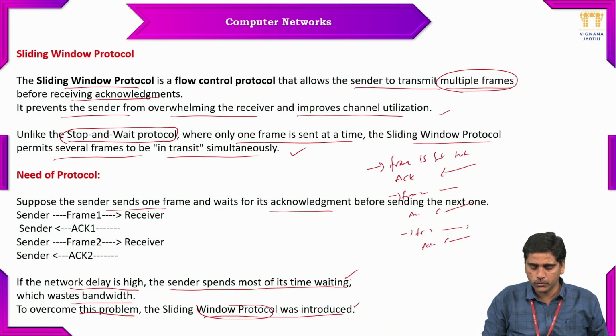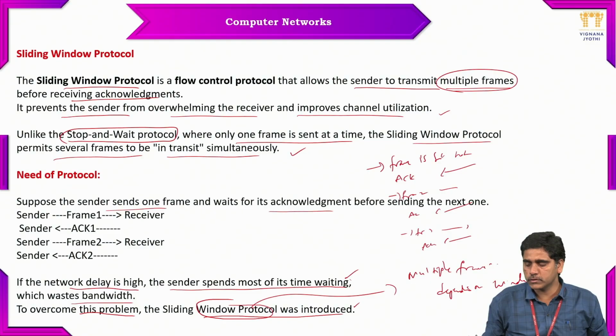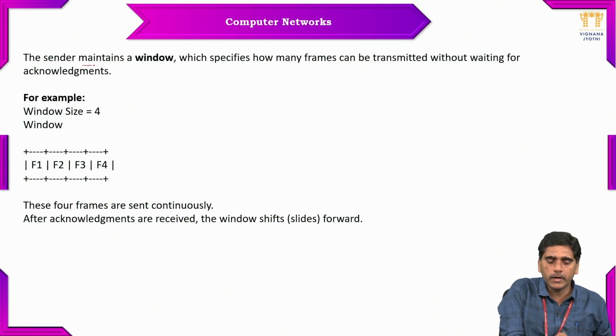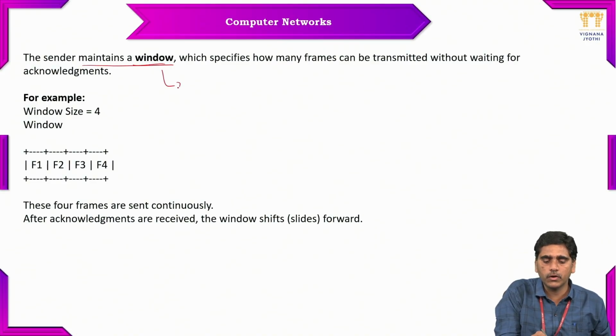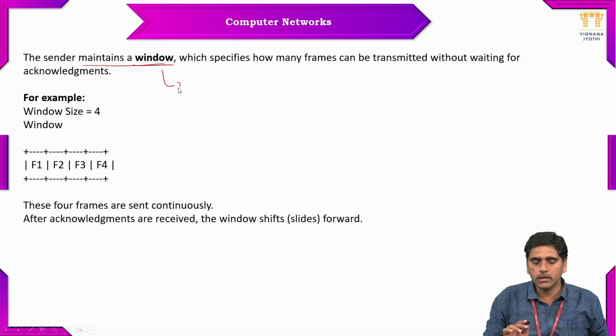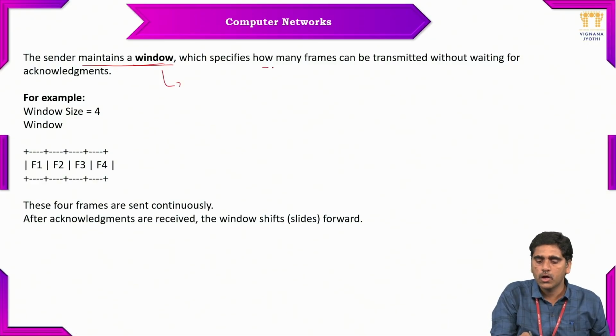In this, we can send multiple frames, depending upon the window size. The sender maintains a window and specifies the window size, which specifies how many frames can be transmitted without waiting for an acknowledgement.